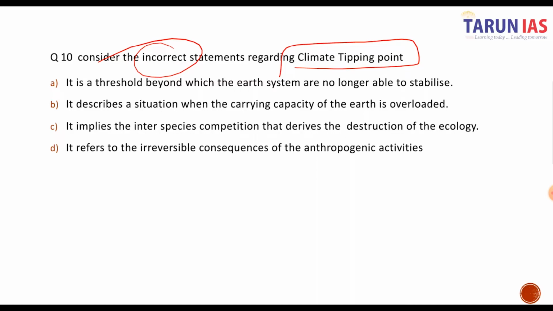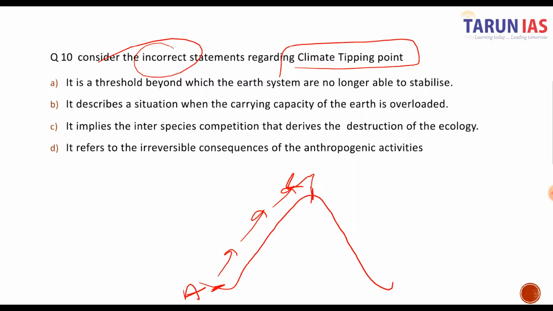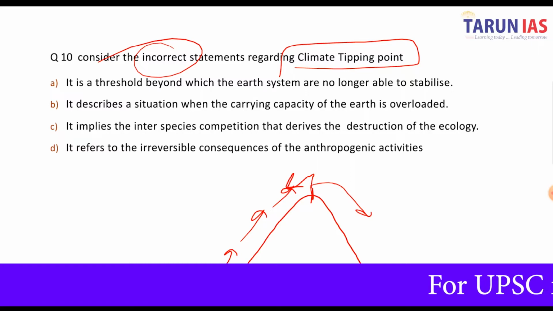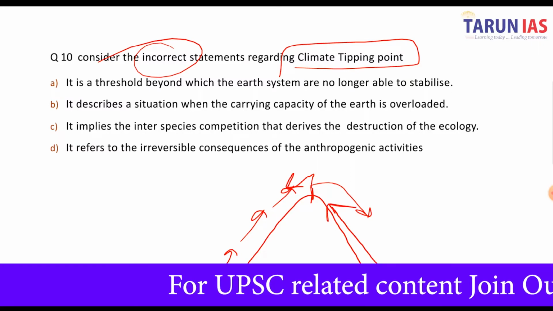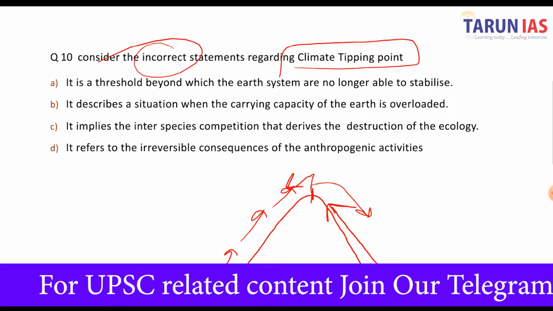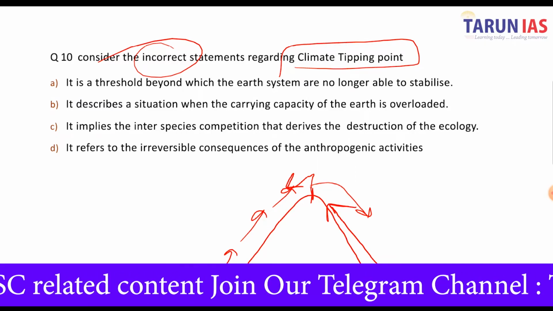Now, what is this climate tipping point? Say this is a hill and you are going upwards. You've reached here. Now, if you fall on this side, you can go back to the initial point, that is A, and this is the point B. But if you fall on this side, don't apply excess of logic here, that yes, we can go uphill again.